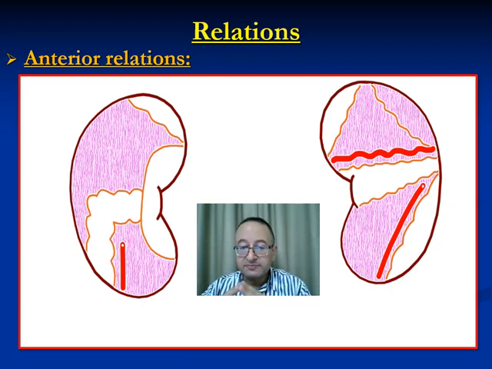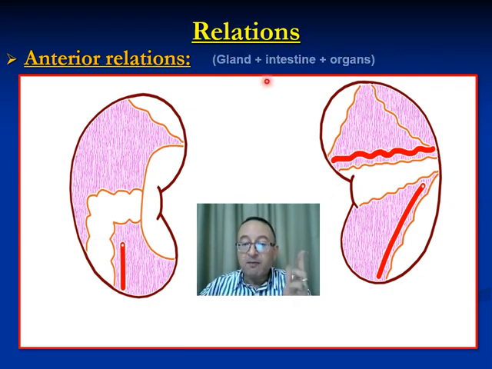What is this rule? Each of the right or left kidneys is related to gland, parts of the intestine, and organs. We can apply this now.